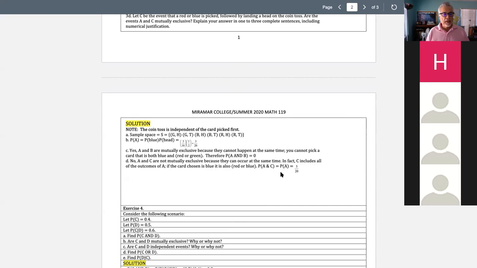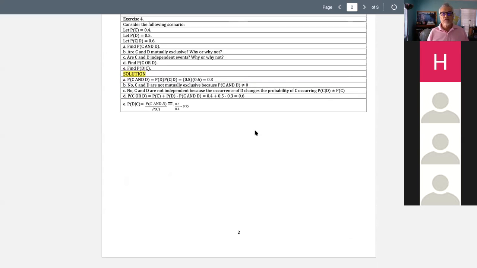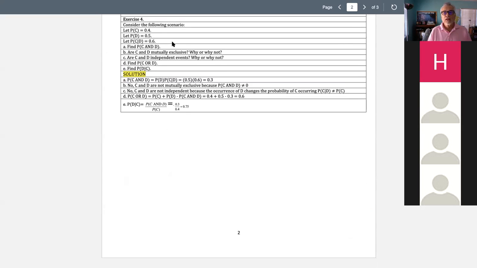All right, let's go to the next one here. And here we're given a scenario involving events C and D. So let's consider the scenario where it's assumed that the probability of C is 0.4. The probability of D is 0.5. The probability of C given D, that is the conditional probability of observing C if you've already observed D, is going to be 0.6.